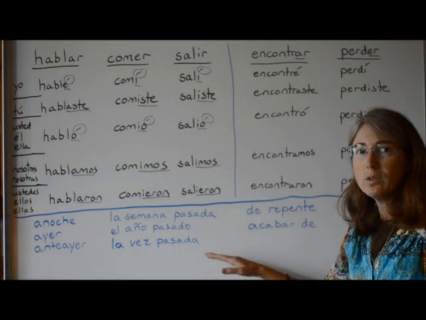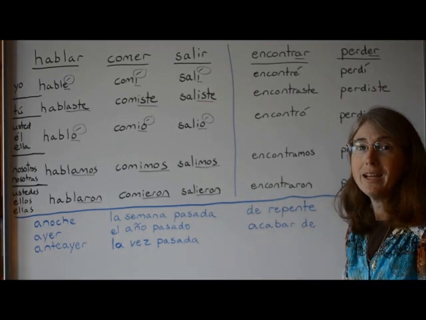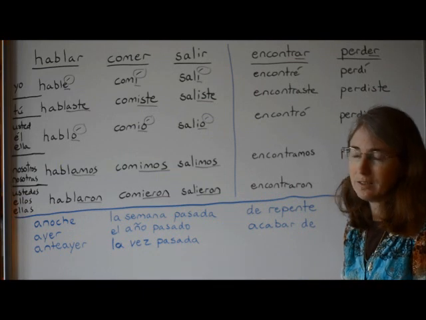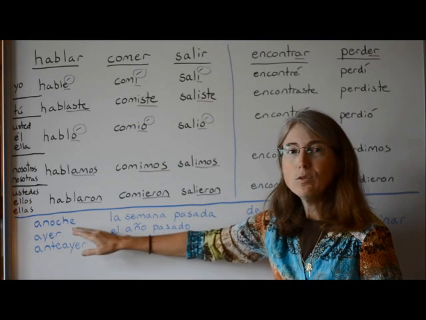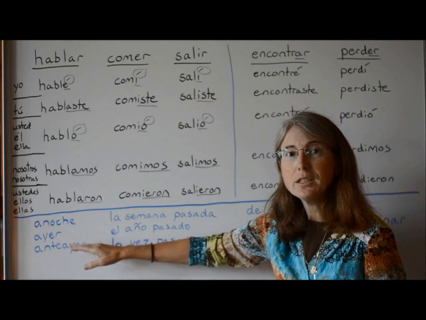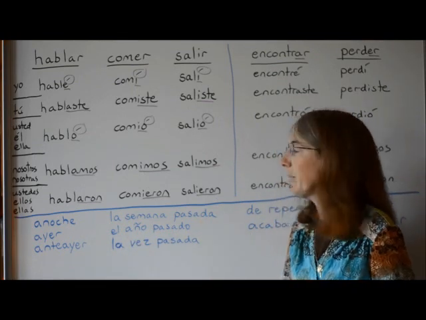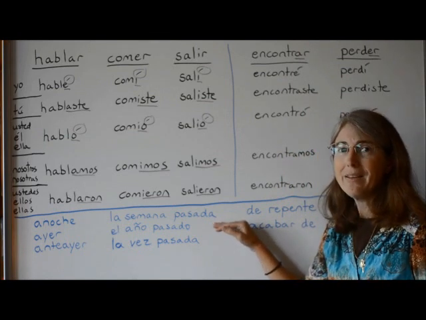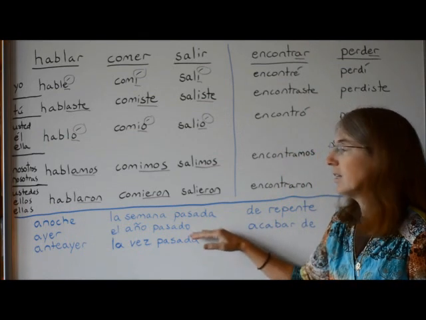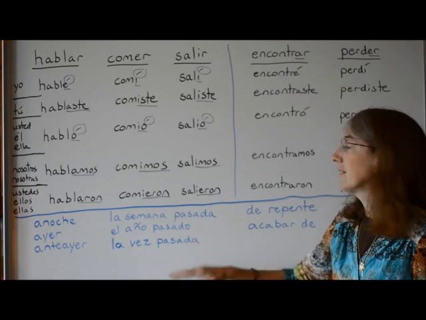Below here we have some words that can be red flags. Say, hey, I'm going to use the preterite tense in this sentence. Words like anoche, last night, ayer, yesterday, anteayer, the day before yesterday. You're talking about things that happened in the past. La semana pasada, last week. El año pasado, last year.